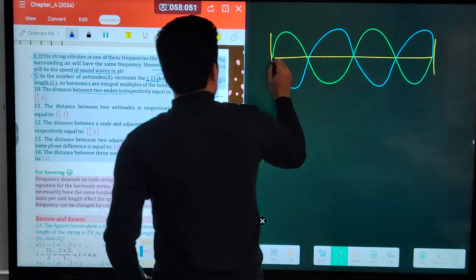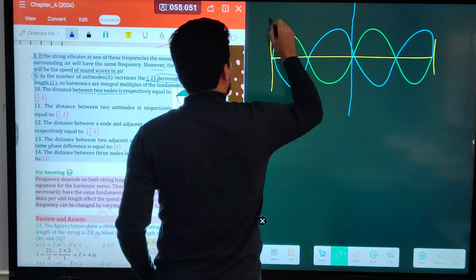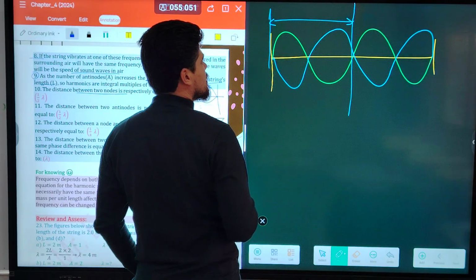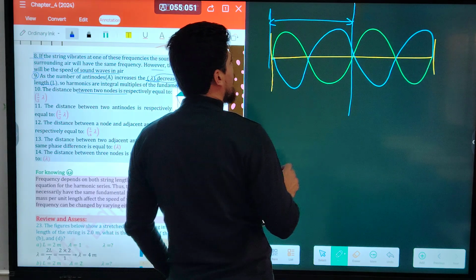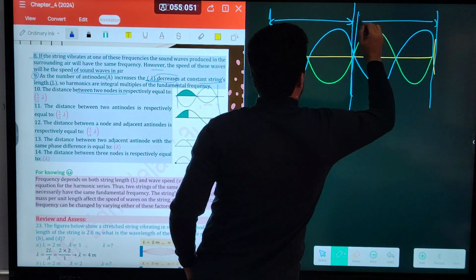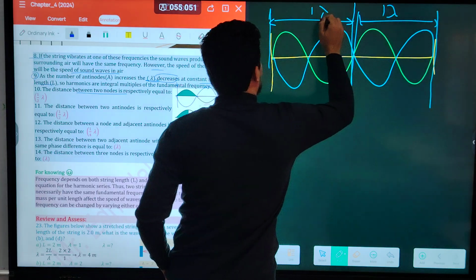Distance between two nodes, guys. From here to here, we have one wavelength. And from here to here, we have another wavelength. One wavelength and one wavelength.